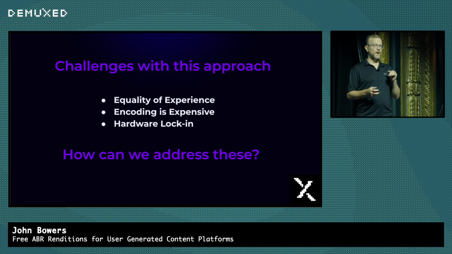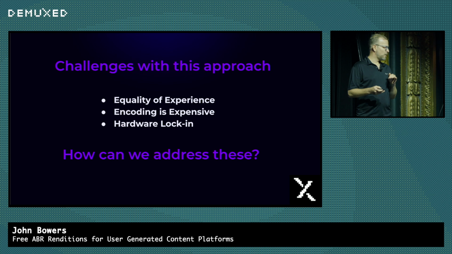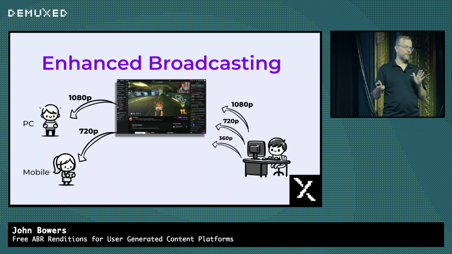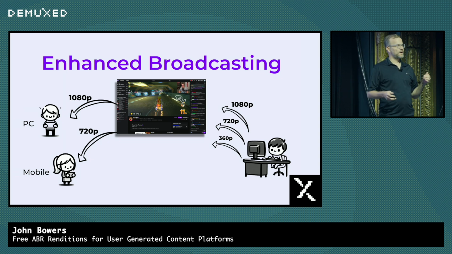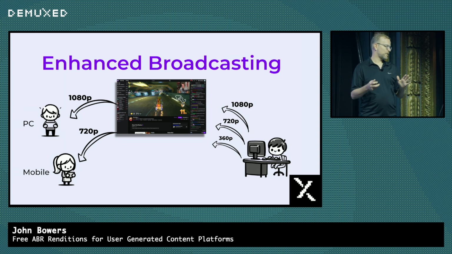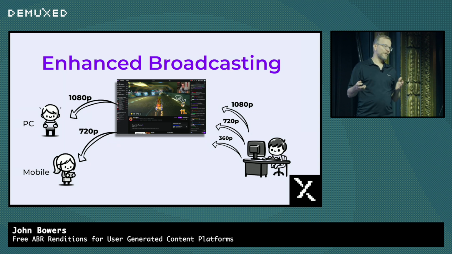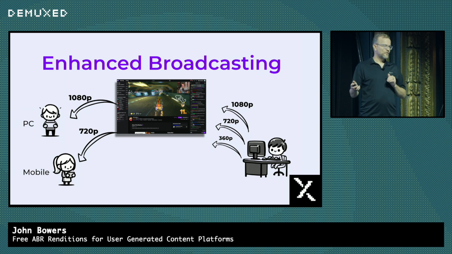What if I told you there was a way to provide full ABR ladders at scale to everyone with cheap commodity hardware? Well, that's what we are introducing with what we've called enhanced broadcasting, which at its heart is just the process of having a streamer generate all of their encodes on their system using the excess capacity of the super powerful NVIDIA GPUs or AMD GPUs, whatever GPU they have, and send them to us.